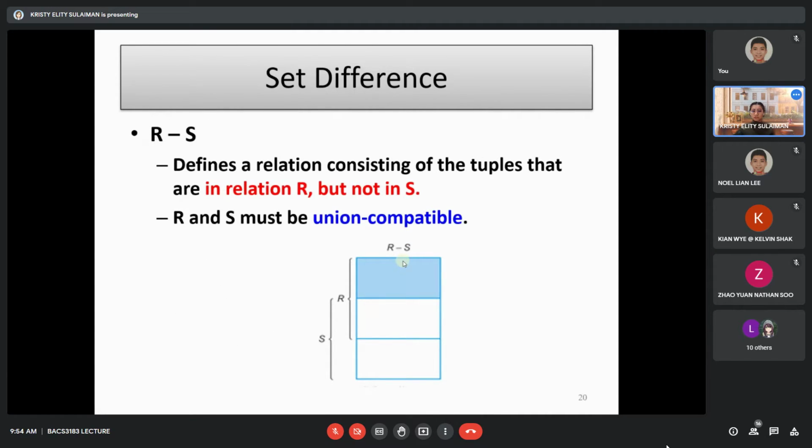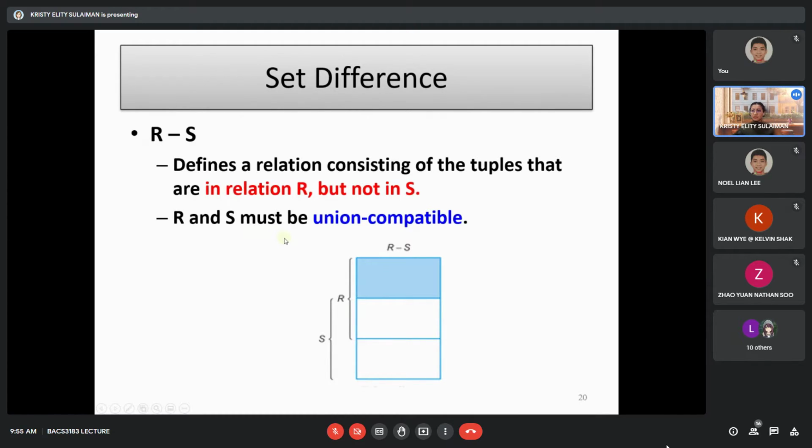This set difference operation in relational algebra defines a relation consisting of the tuples that are in relation R but not in S. So you use the minus operation, R minus S. R and S must be union compatible.